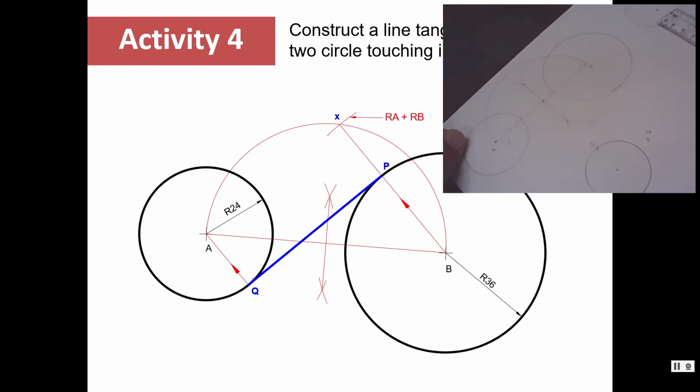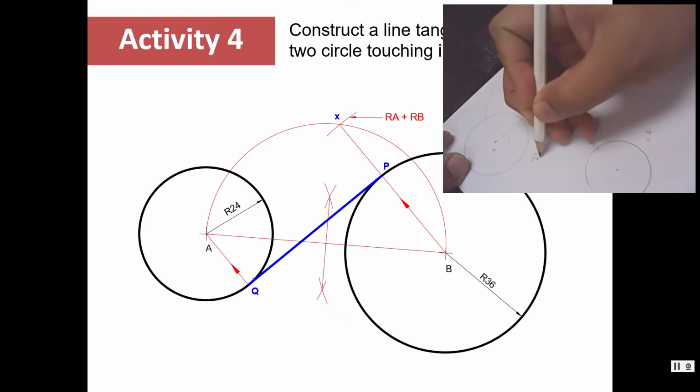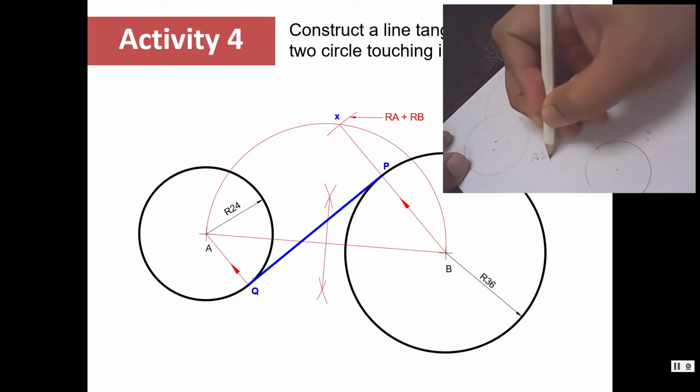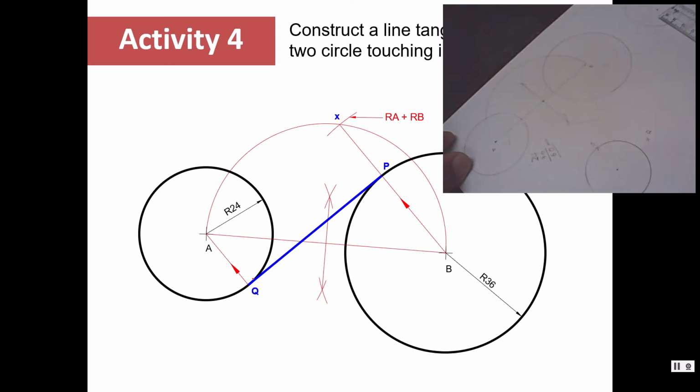Okay, now the next step is to find X, which has the formula radius A plus radius B. So 24 plus 36 equals 60. So the radius of the arc will be 60 mm.